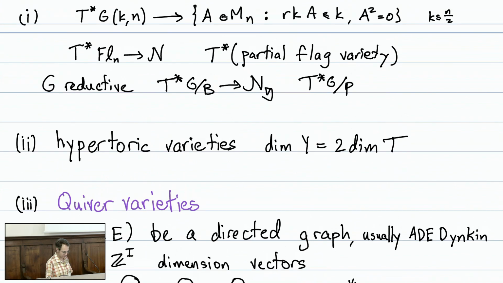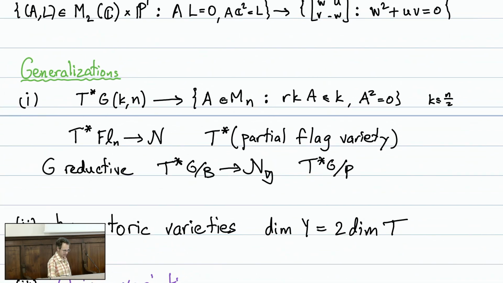Okay, so the next class of examples, which I won't talk about in much detail, but will be the topic of Jeremy Peters' talk, are called hypertoric varieties. And much like the toric varieties we saw in the last talk, these are defined by combinatorial data.